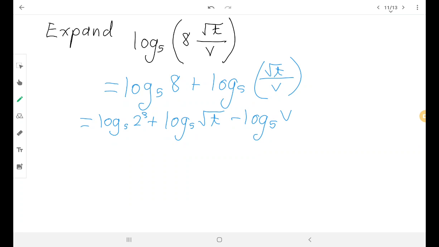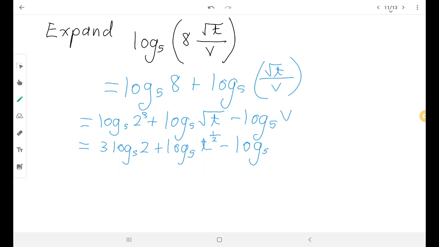Now we need the power rule for this, and we've got to figure out what we're going to do with that. So I'll bring that 3 out to the front, and it'll be 3 times log base 5 of 2 plus log base 5 of the square root of t, which is actually a power of t. It is t to the 1/2 power. And so we'll be able to use the power rule there also.